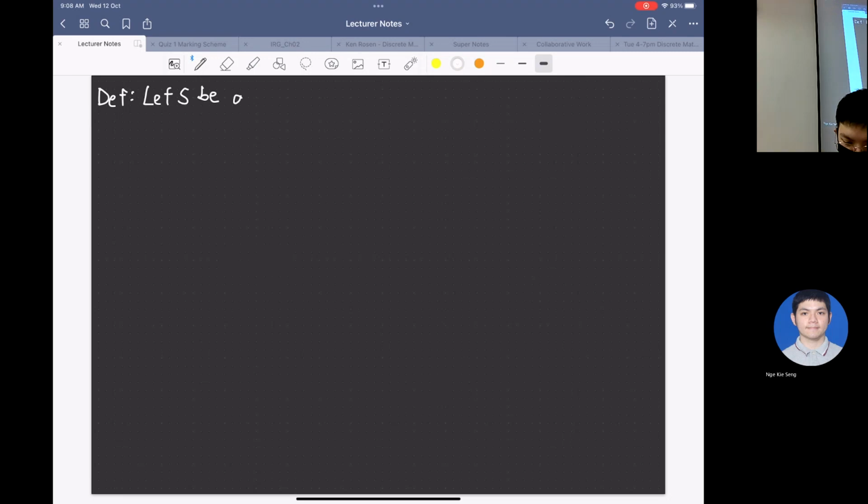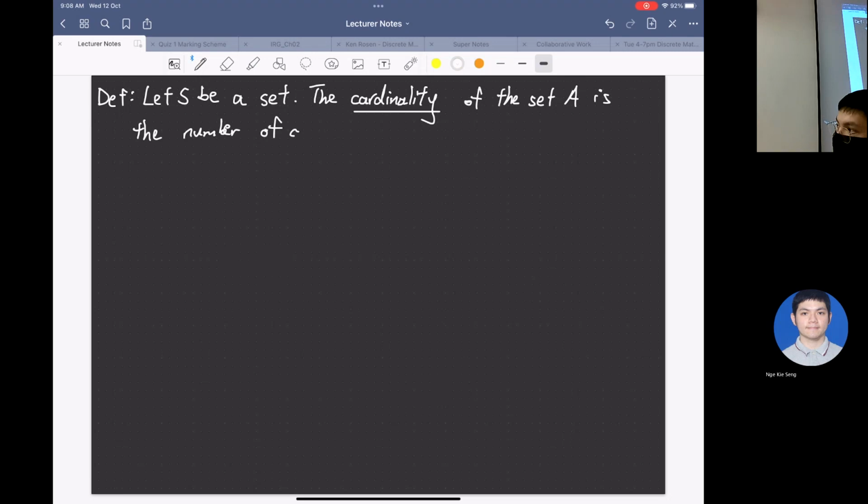Given a set X, the cardinality of the set X is the number of distinct elements in X.